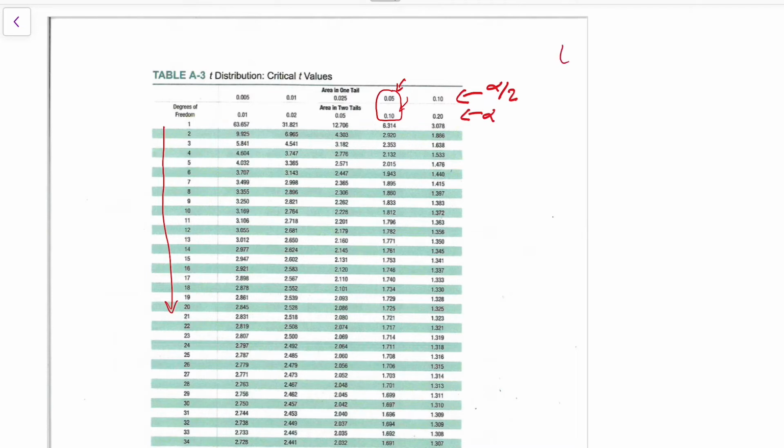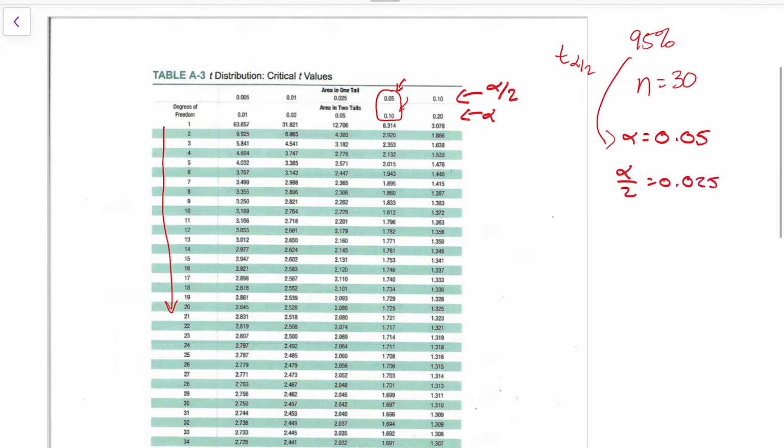So if I want to find a t sub alpha over 2 value for having a 95% confidence interval and n is equal to 30, all we're going to do is take that 95% confidence level, realize that that means that alpha is 0.05, and my alpha over 2 is 0.025. That tells me my area in one tail is 0.025.